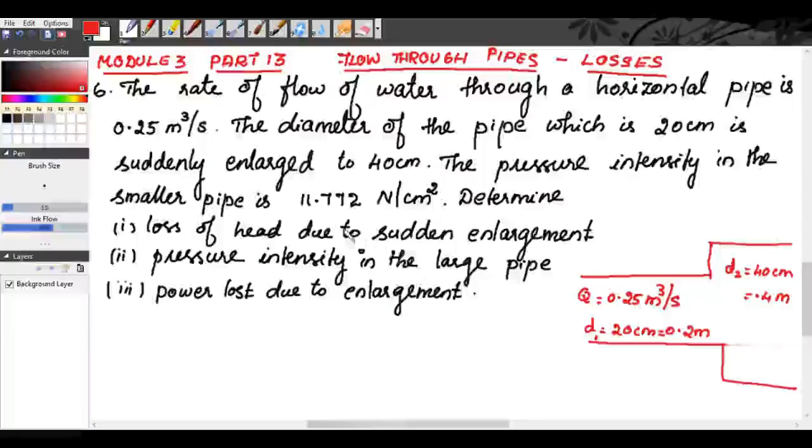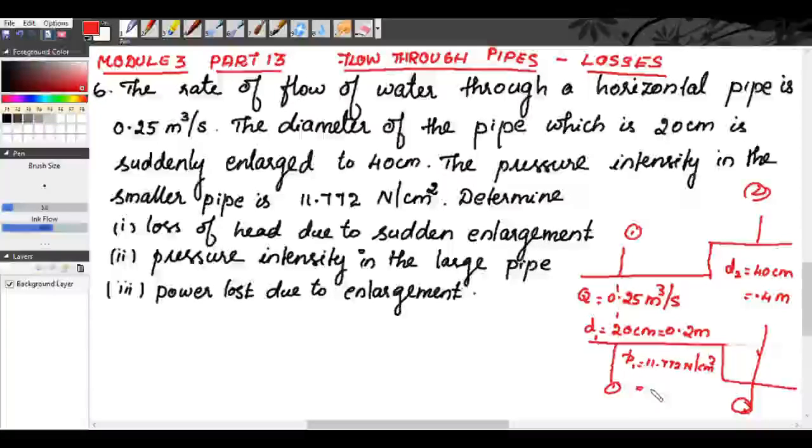That means we will take section 1 in the smaller pipe and section 2 in the larger pipe, which means P1 is equal to 11.772 Newton per centimeter square. In order to convert it into Newton per meter square, we have to multiply it by 10 raised to 4. So these are the given things.